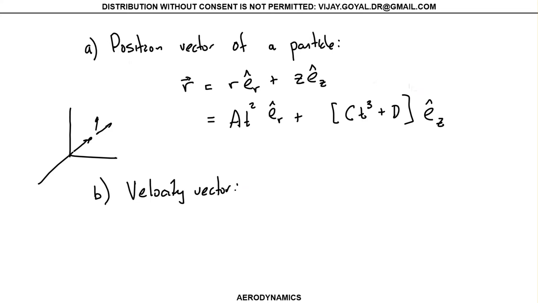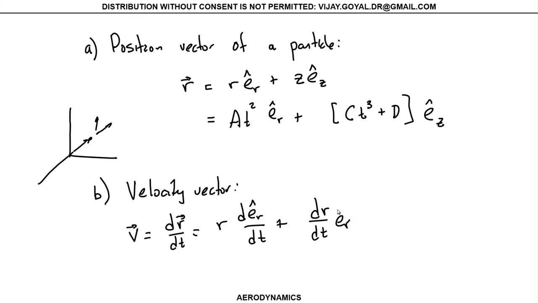Okay, so the second question you want to ask for is the velocity vector. The velocity vector is given by the following. You want to take the time derivative of r with respect to t, and that would be r er, so dr/dt er plus r d(er)/dt, plus dz/dt ez plus z d(ez)/dt.